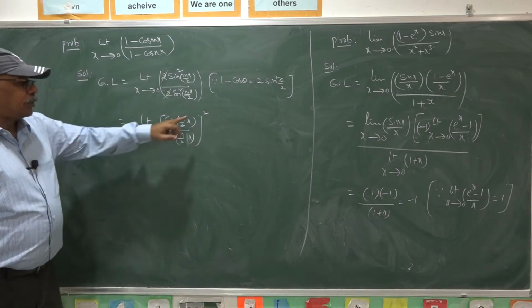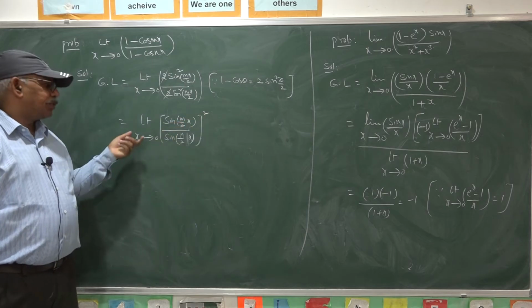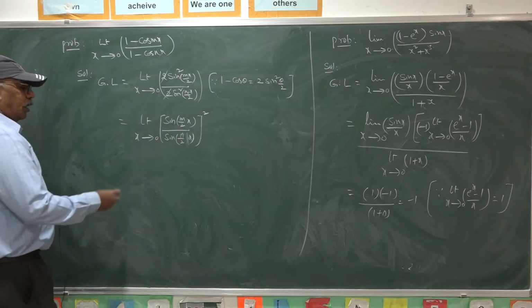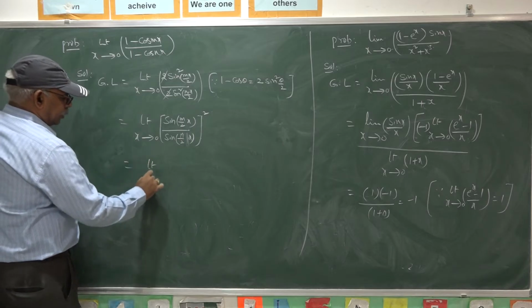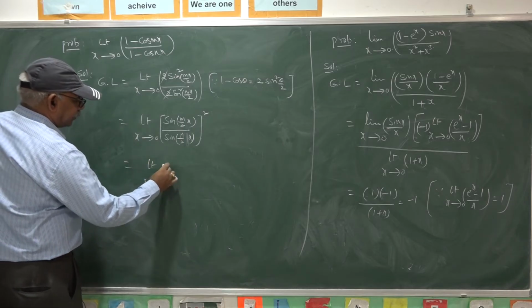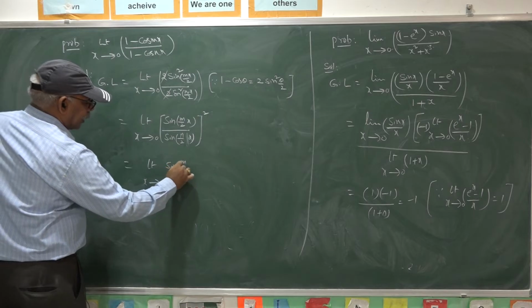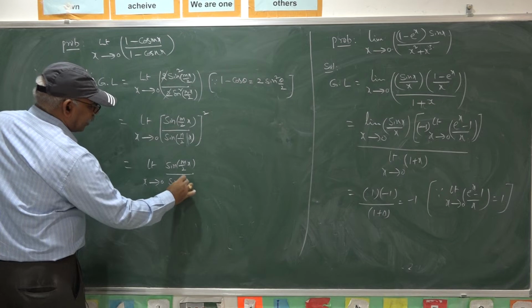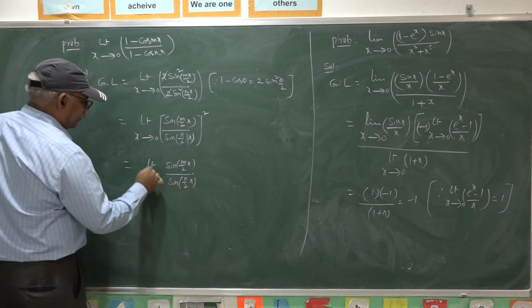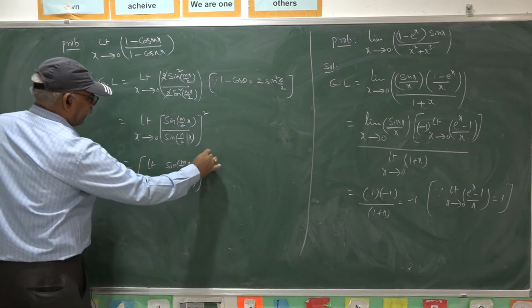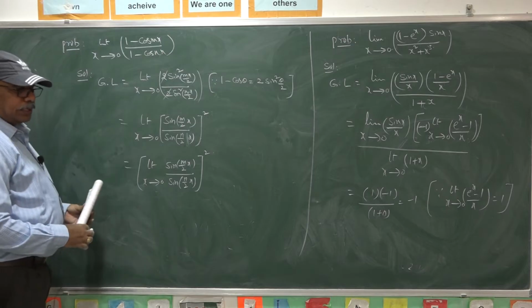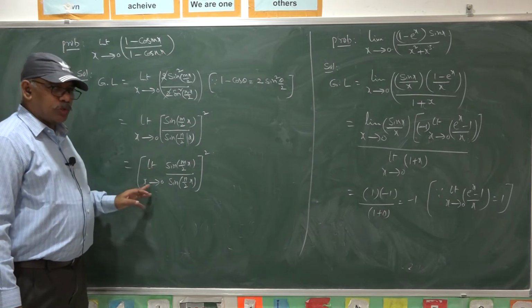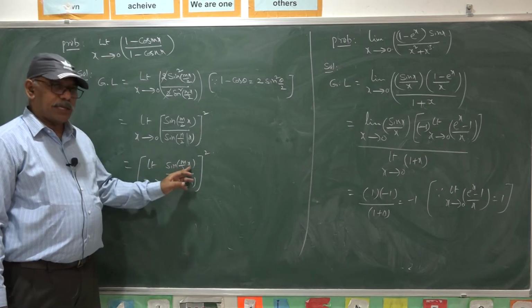The power does not depend on x, so apply the limit to the base. So limit as x goes to 0, sin (m by 2)x by sin (n by 2)x, whole square. Clearly the limit is reduced to limit as x goes to 0, sin ax by sin bx.